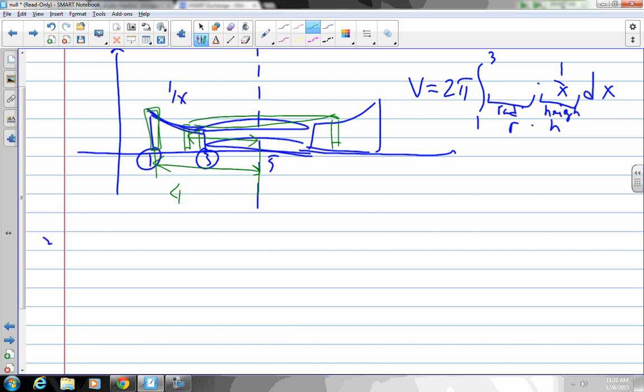What is the smallest radius? 2. How are you getting that? 5 minus whatever the x value is. So in this case, the radius is 5 minus whatever x is as x goes from 1 to 3, right? The radius changes from 4 to 2, so it's 5 minus x.